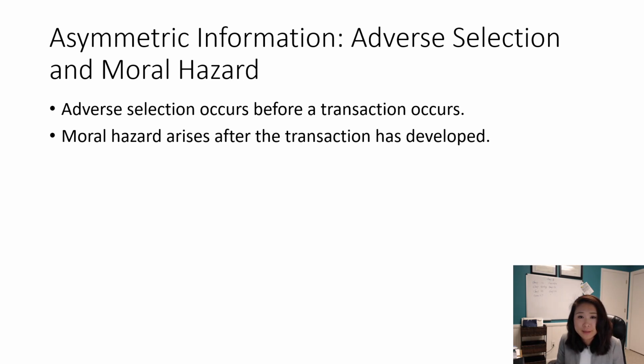We actually explained it in the previous chapter. One is called adverse selection, and the other is called moral hazard. Adverse selection occurs before a transaction occurs, and moral hazard arises after the transaction has developed. In the next video, we're going to focus on adverse selection, and I will explain why it has to happen before a transaction occurs.